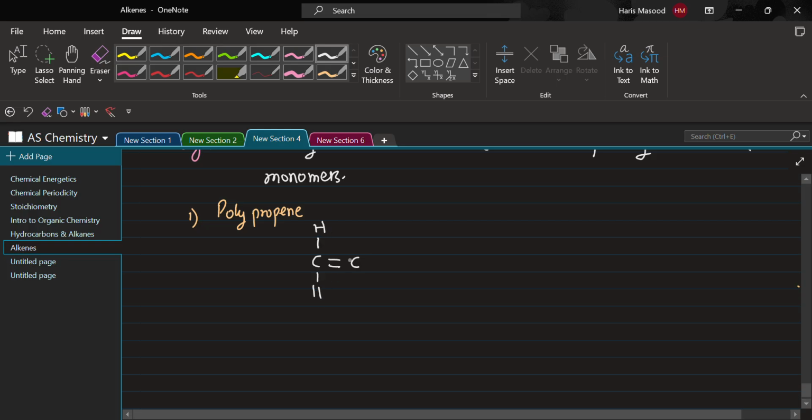You can make it like this, and you have one carbon more, so CH3 can be attached here. So what usually happens is that we attach the carbon chains like this. You have to repeat the units.